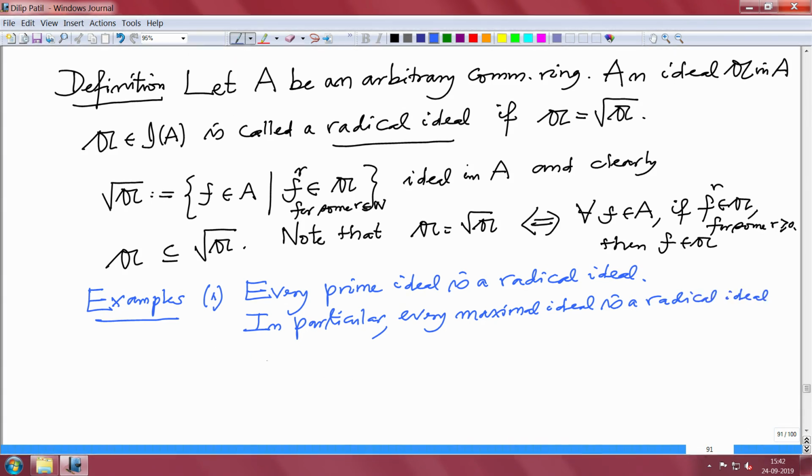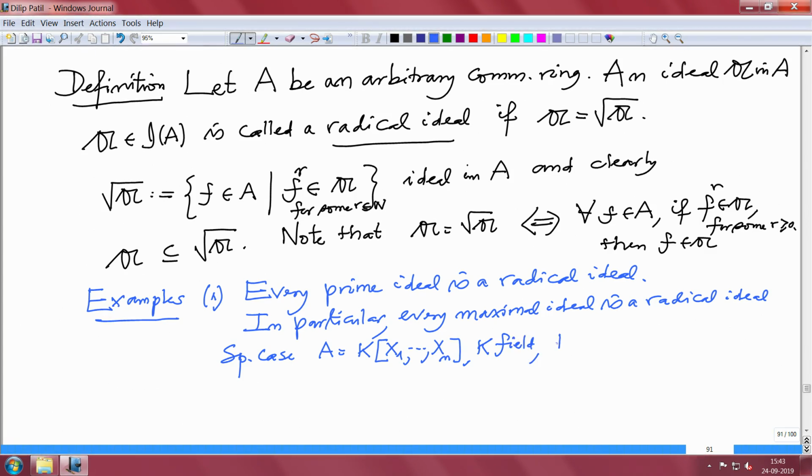So, in particular, a special case: if I take A equal to k[x1, ..., xn], a polynomial ring, and k is a field, this is the case we are always interested in.